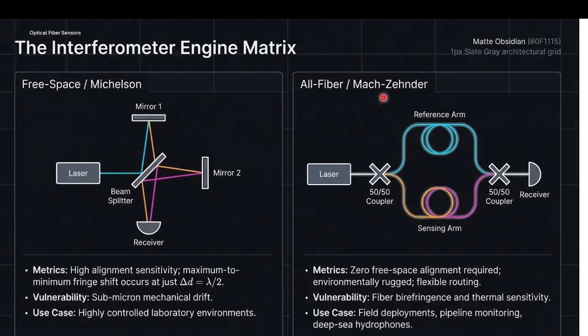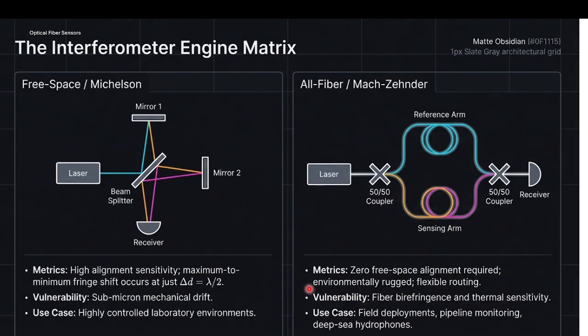The other one is the all-fiber or Mach-Zehnder interferometer, where the laser is split using a 50-50 coupler. There is the reference arm and the sensing arm, and again it comes to a 50-50 coupler, and here is the receiver.